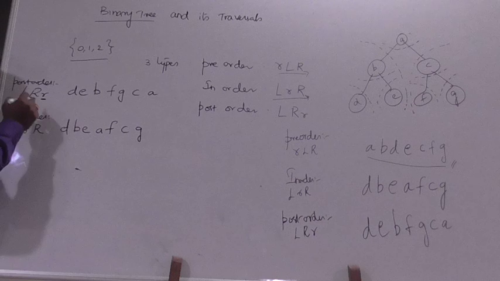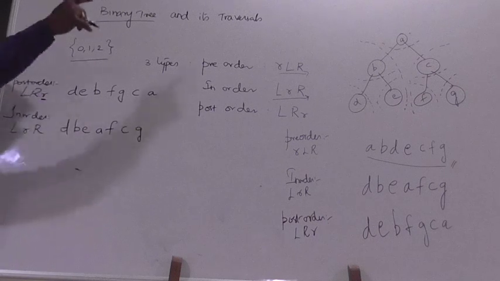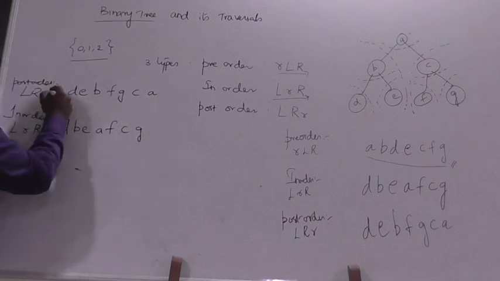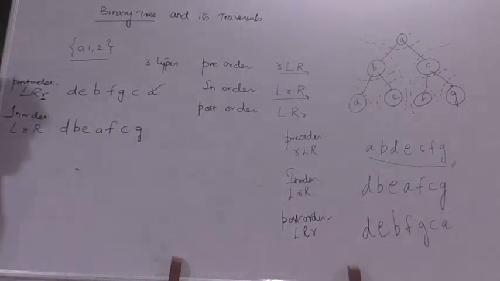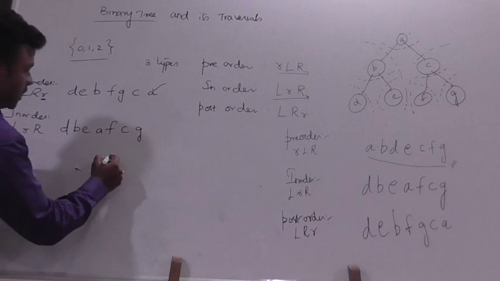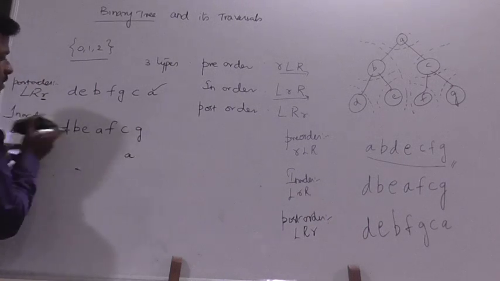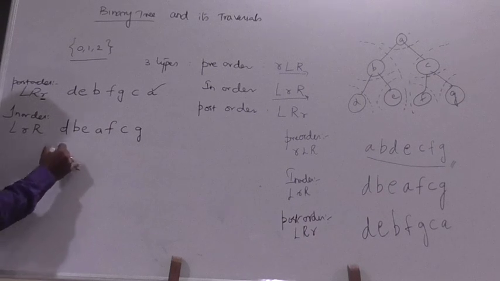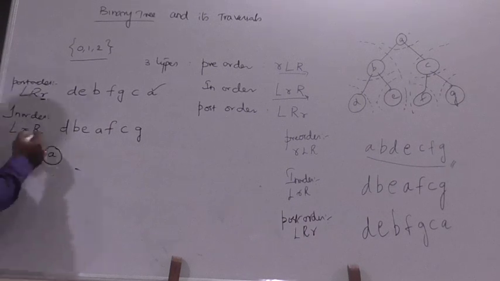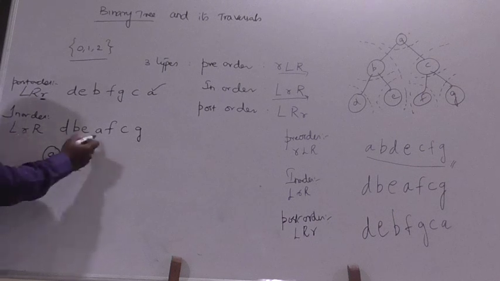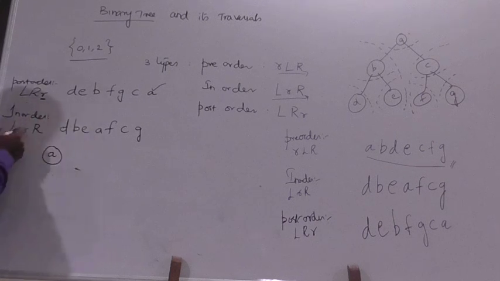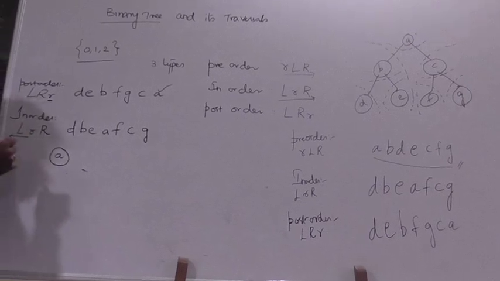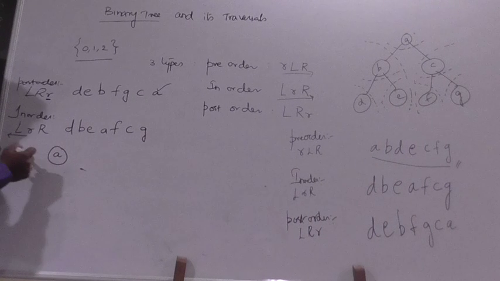Why? Because we are going to follow the sequence, and for the entire tree, simply we can say that A is the root node. Yes. Absolutely A is the root node. Okay. Now check the position of the root node in in-order. Means the elements which are left to the root node are left child nodes.